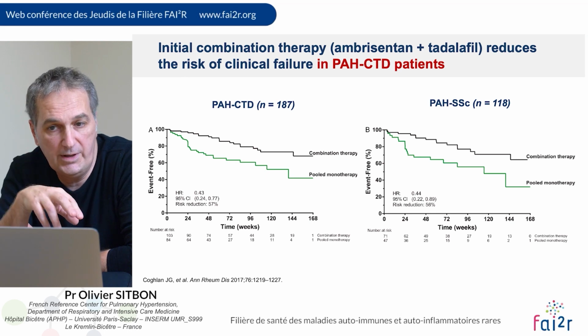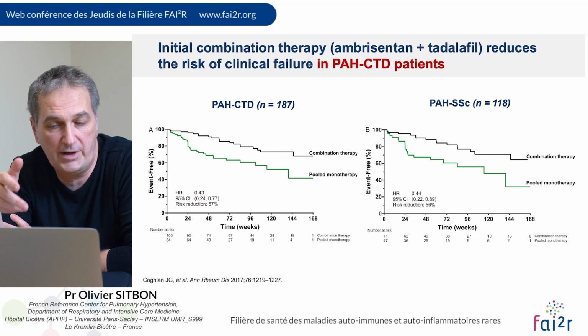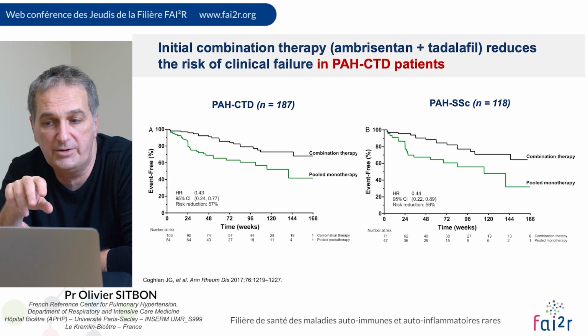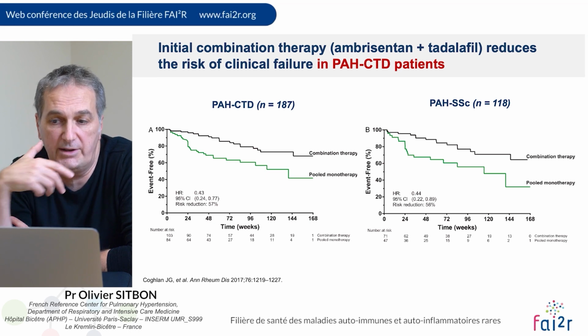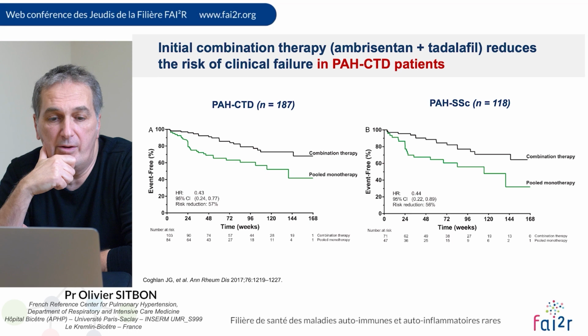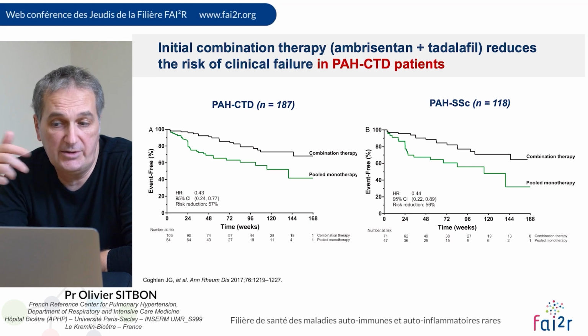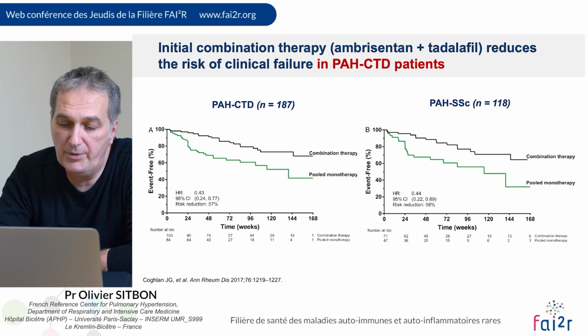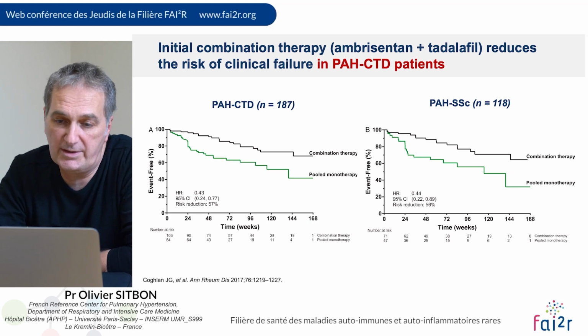And we know that the combination therapy reduced the risk of clinical failure in PAH and also in particular in PAH associated with connective tissue disease and in PAH associated with systemic sclerosis, and the reduction of the risk is the same in that population as compared to the entire population enrolled in this trial.